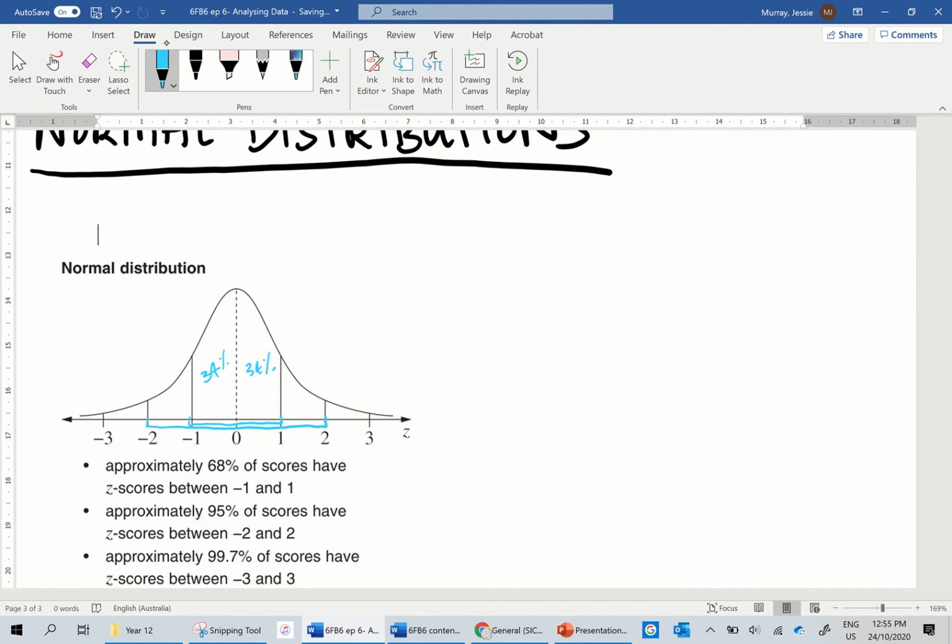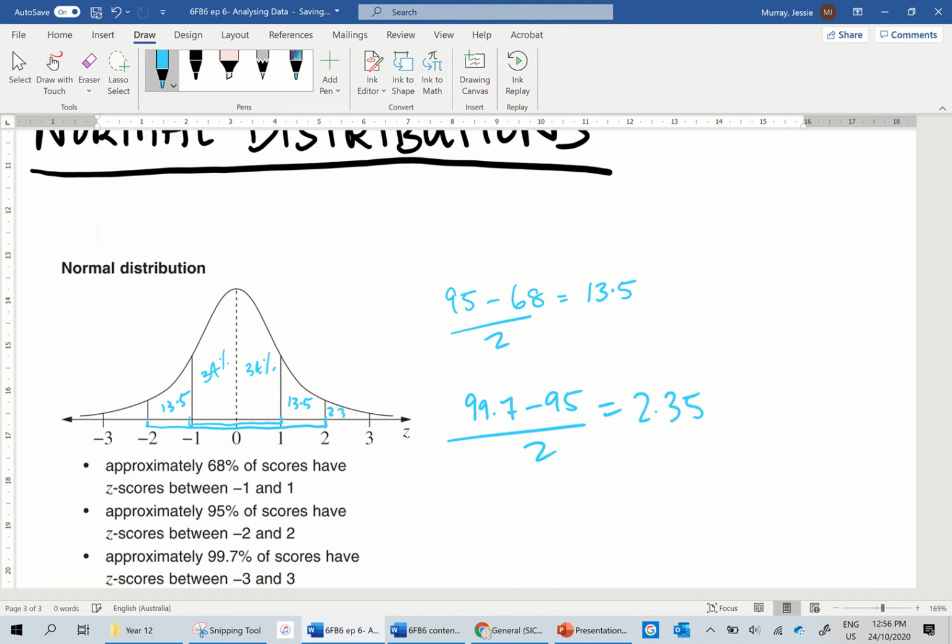So what I need to do is I say, okay, 95, I take off my 68, and then I need to divide that by 2 because I need what each one is. So dividing that by 2, you get 13.5. Okay, so this is 13.5 and this is 13.5. So then you do the same thing. 99.7 minus 95 all on 2 is going to give me the final ones out here, which we will get an answer of 2.35.